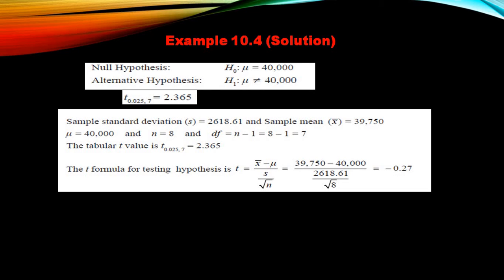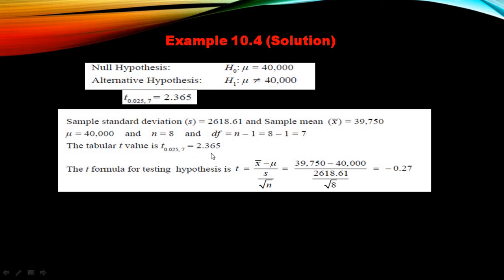So when you are looking for the tabulated t value, you have to look for the degrees of freedom. You can see in the table, at the 5% level of significance, this 7 denotes the degrees of freedom. The tabular t value at 7 degrees of freedom for 5% level of significance is going to be 2.365.